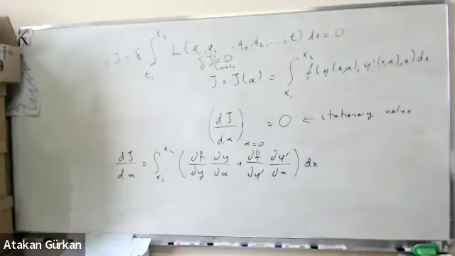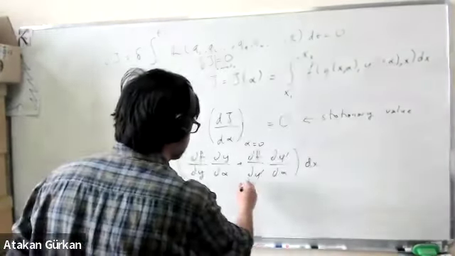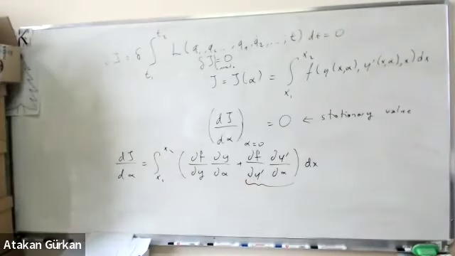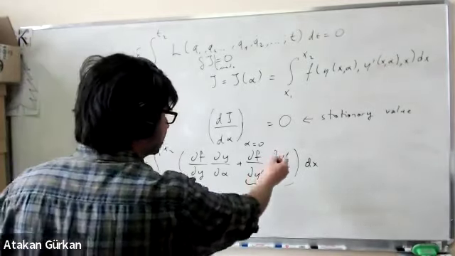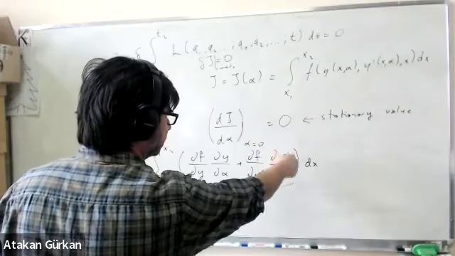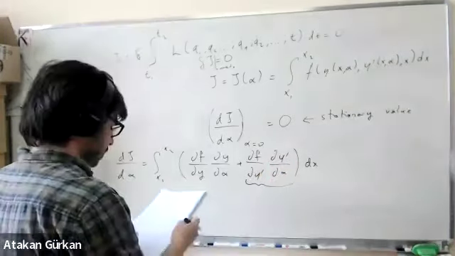Okay. Now look at the second part. This part of the integral, we can write that y prime is the derivative of y with respect to x. So this little thing here is in fact the second derivative of y.